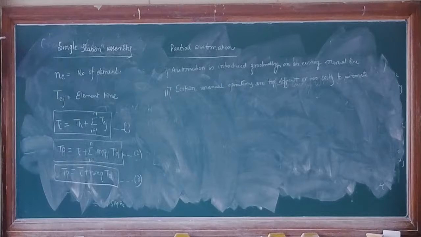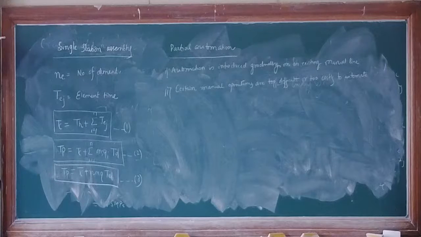Whatever the assembly we are doing in station 1, 2, 3, 4, the time at a particular individual station is assumed to be constant, though not necessarily equal at all stations.